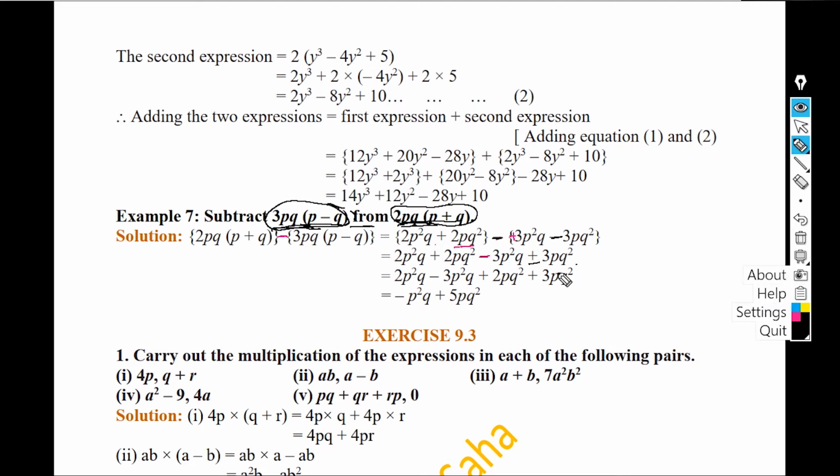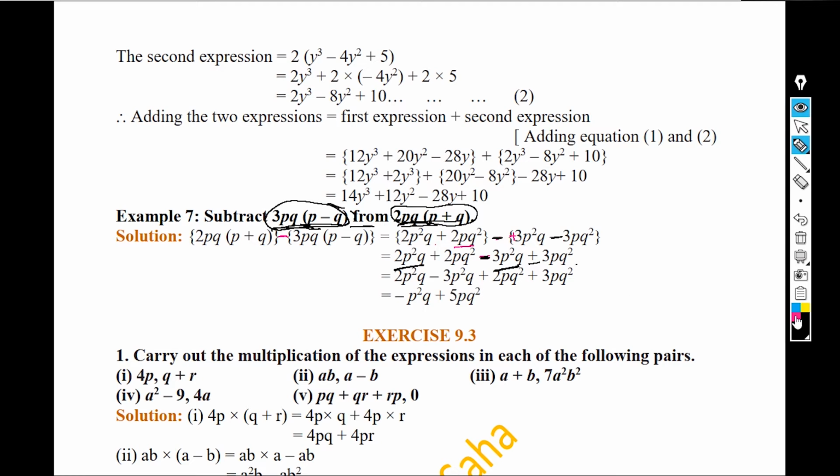Now pay attention here. The term containing p square q is this one, and another term containing p square q is this one. These are like terms. Then find the difference of these two. That is p square q, and the term containing minus sign is more. That's why I put minus p square q.